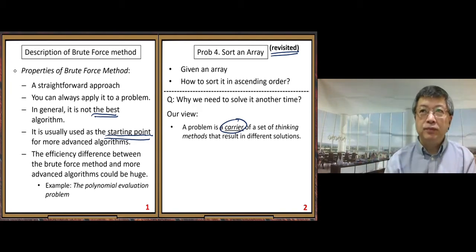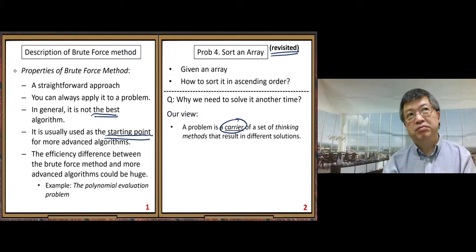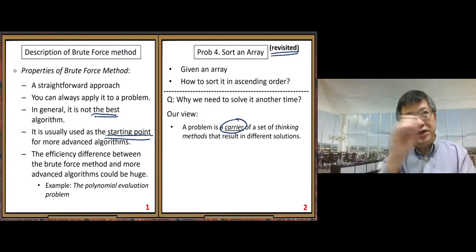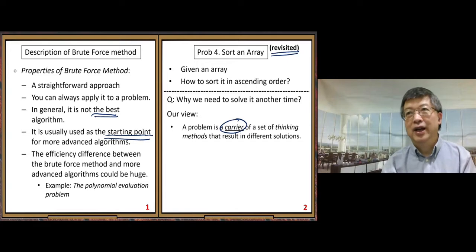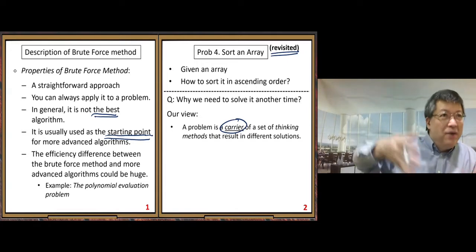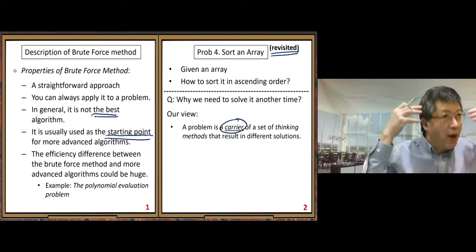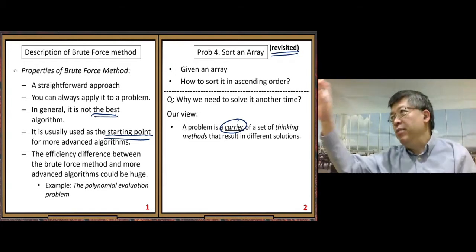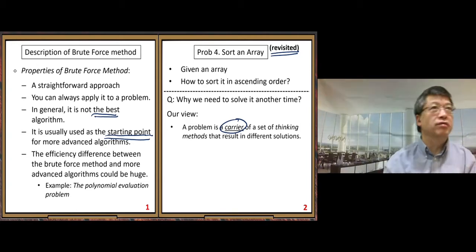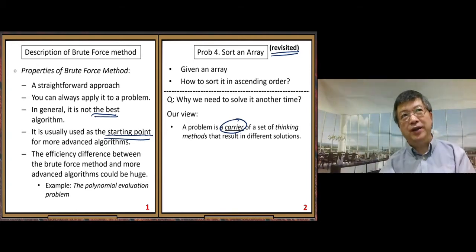Because when we describe thinking methods, it is not easy. We need a lot of sentences to describe it. So it is very hard to carry different thinking methods in our mind to solve many different computing problems. Now, there is one special way to carry them.